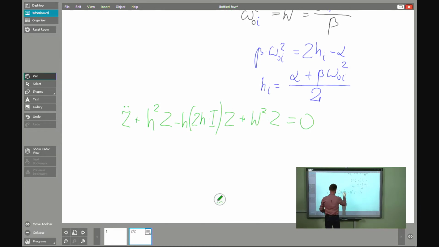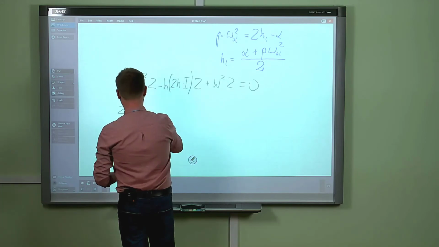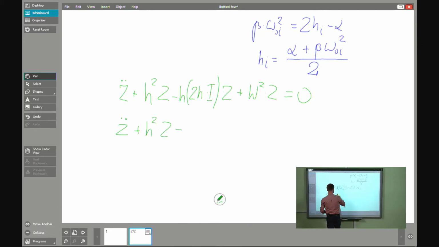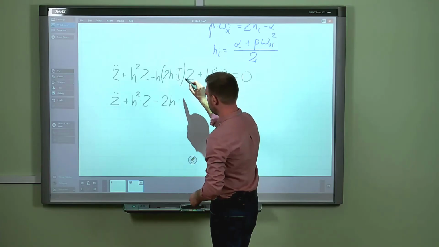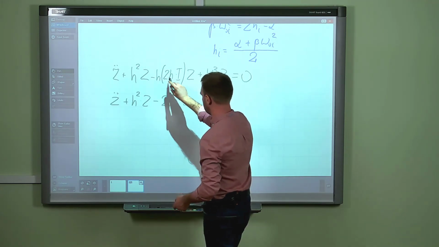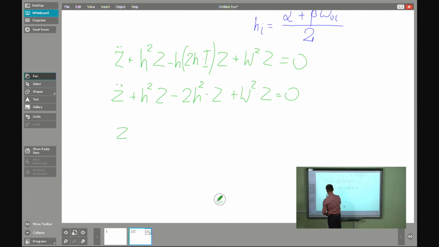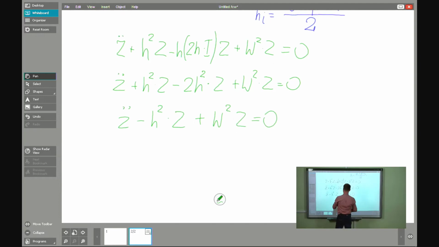What we can do next, we can deal with that part, because we see that it's a z double dot plus h square times z minus 2h times z, because I times z is again z, of course, 2h square, because it's a contribution of that product, plus w square times z equals 0, and it will be, as we see, z double dot minus h square times z plus wh times z equals 0.